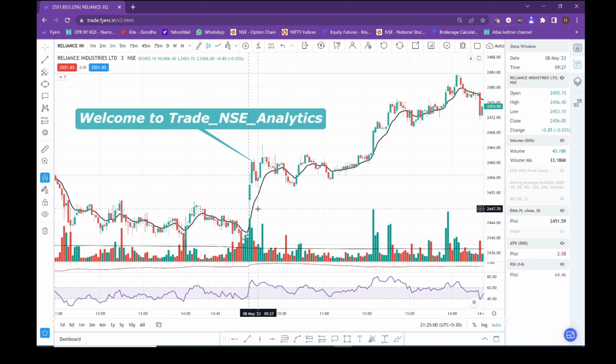If you observe a solid green candle here, let me mark it. This one. If you observe this solid green candle, the price has moved from 2462 to 2468.5.